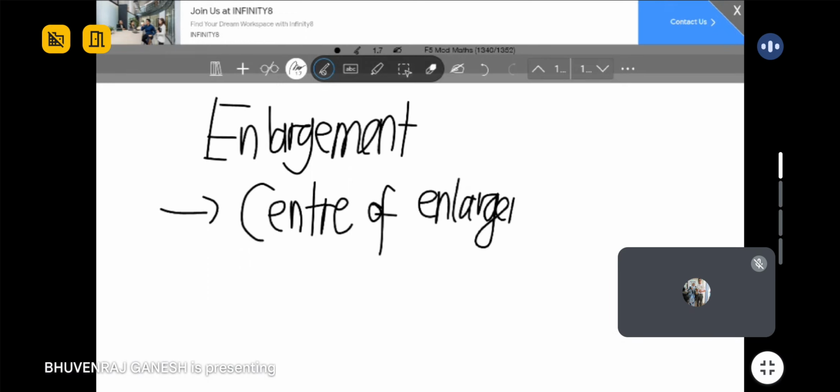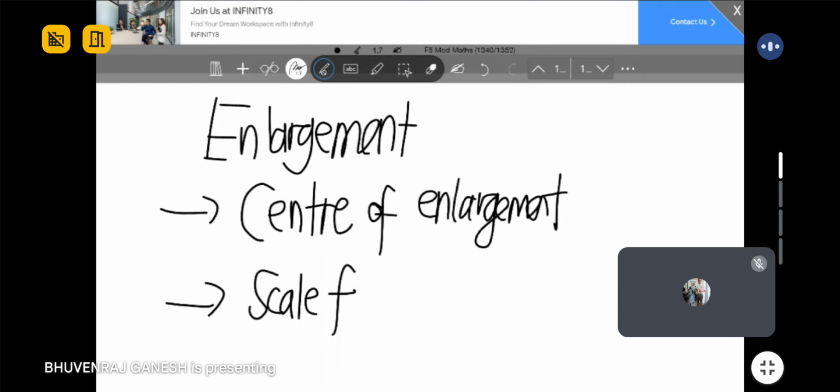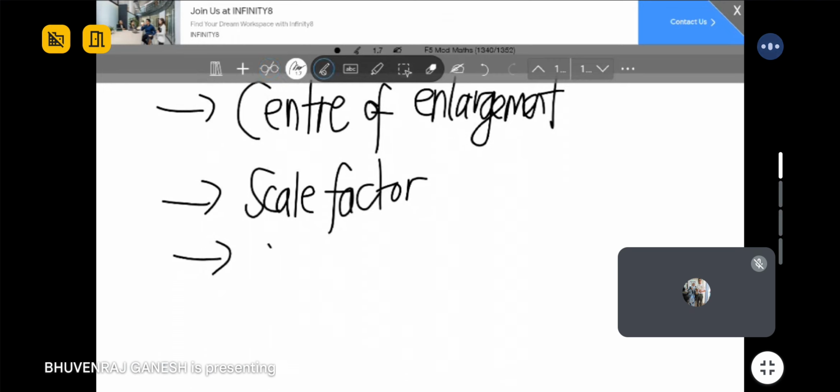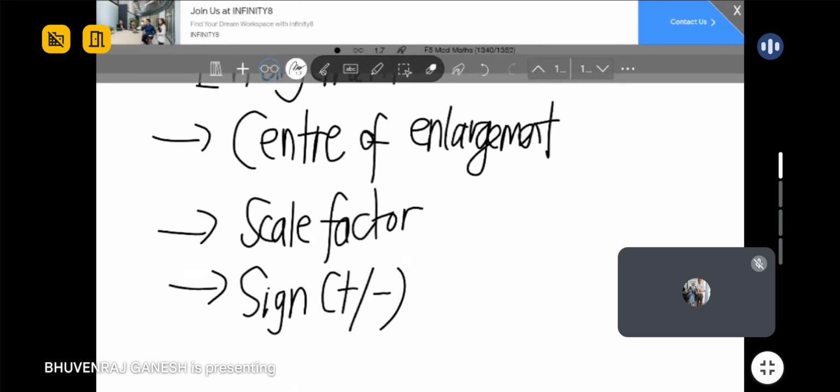Center of enlargement. Second, scale factor. Faktor skala for our enlargement. Third one, symbol, the sign, whether it's positive or negative enlargement. These are the three things that you'll learn in this subtopic for enlargement.